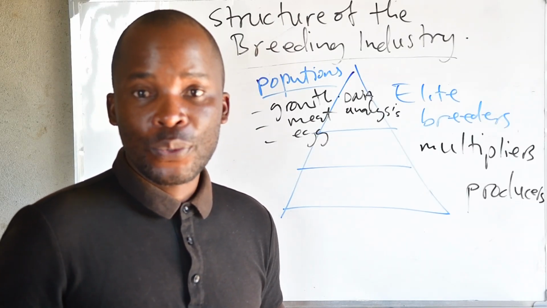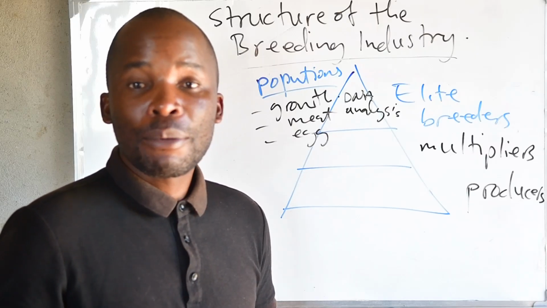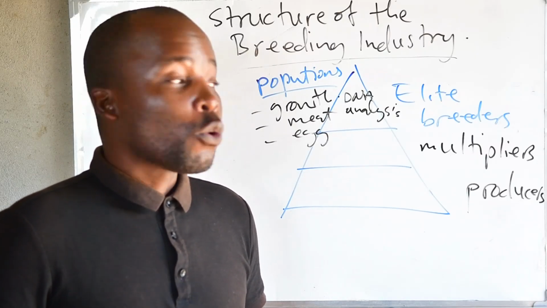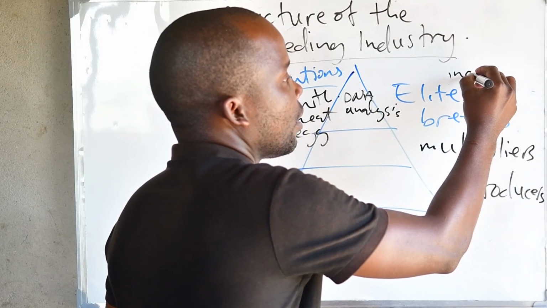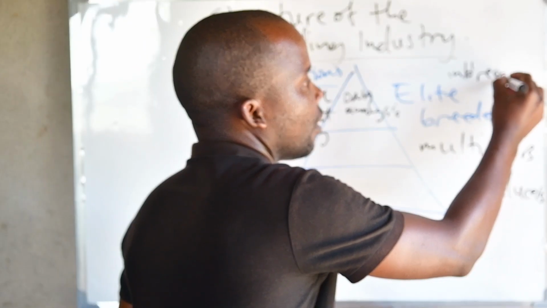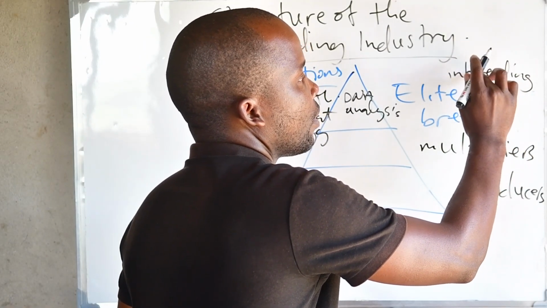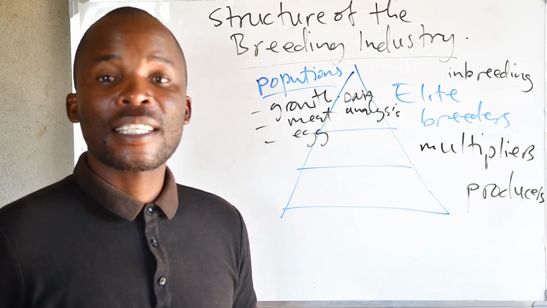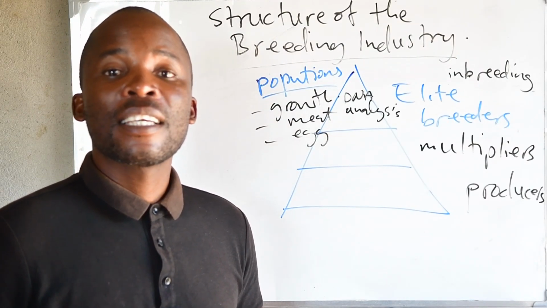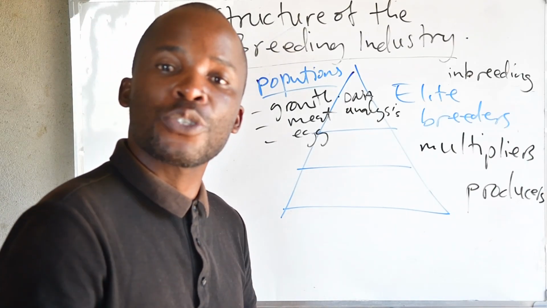What else do they do? As I said previously, pure breeding. It involves even inbreeding itself. Which means they can actually mate brothers and sisters. They can actually mate grandparents and grandchildren.